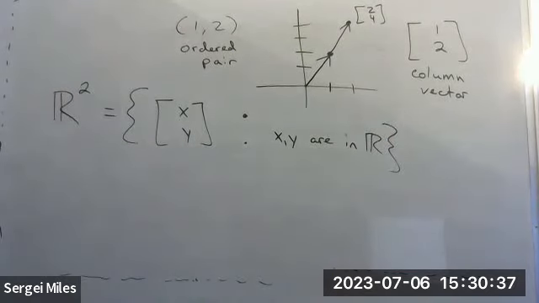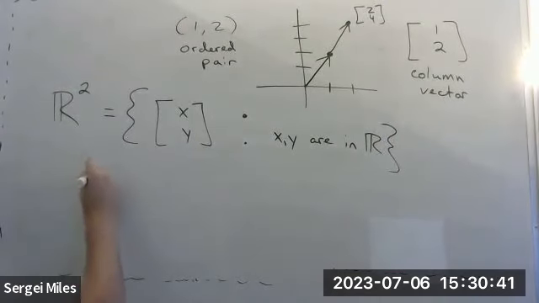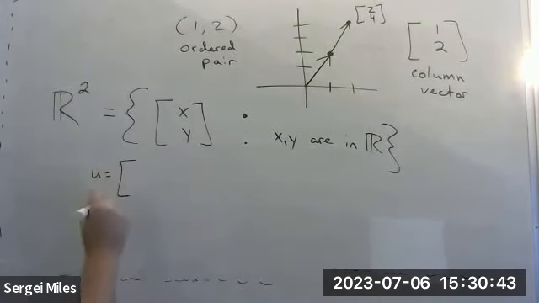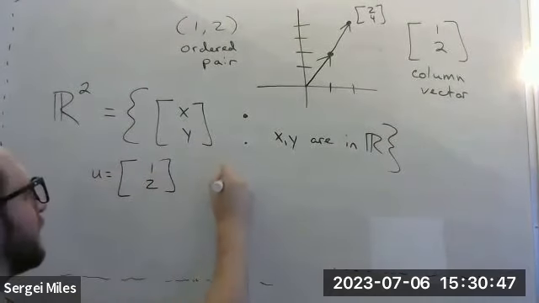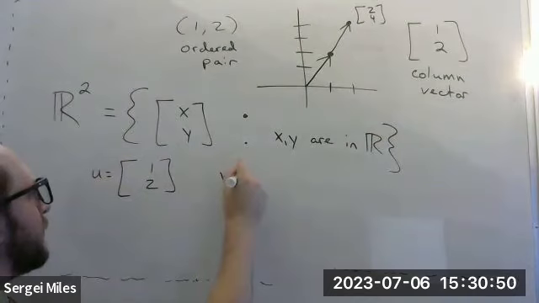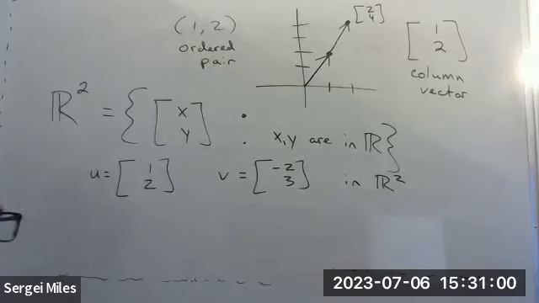All right, so what can we do with vectors? Well, if we have a vector, let's say U equals 1, 2, and V equals, let's say, negative 2, 3, according to what we have written here so far.